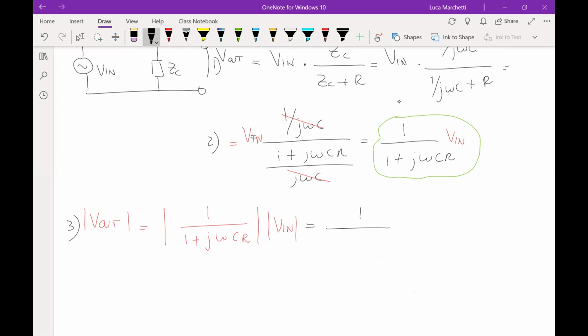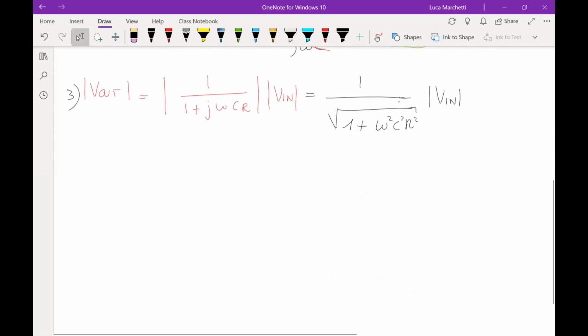At the top, the denominator remains 1, and the absolute value of a generic complex number is equal to the real part squared plus the imaginary part squared, everything under the square root. And here is V in.